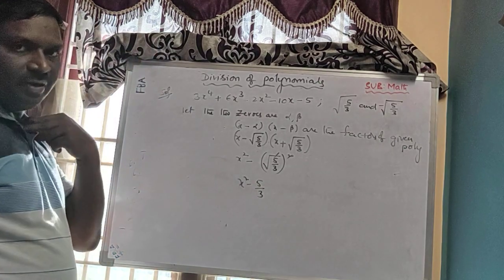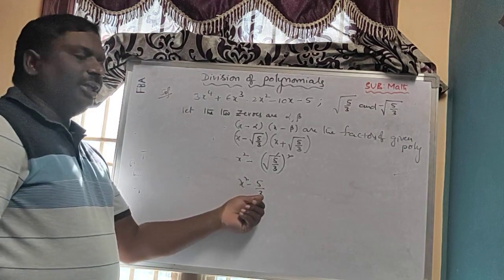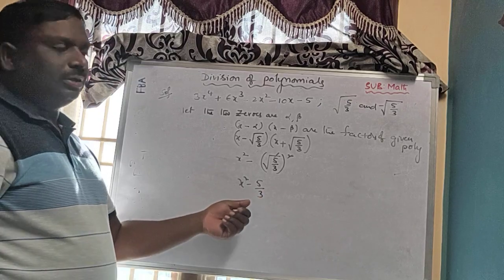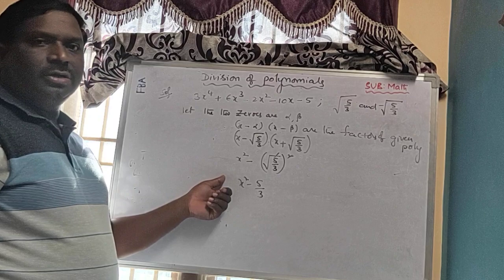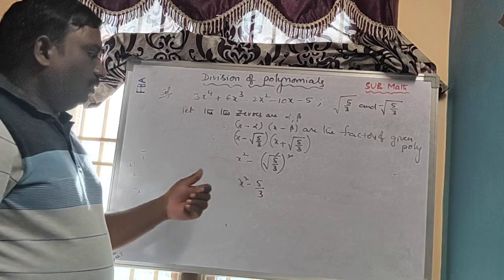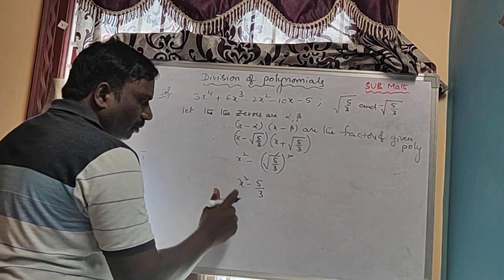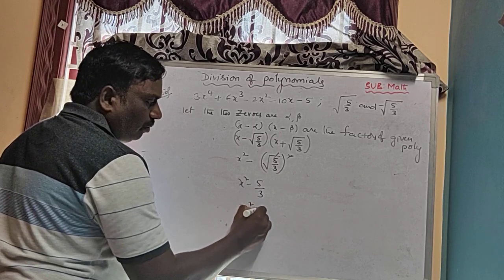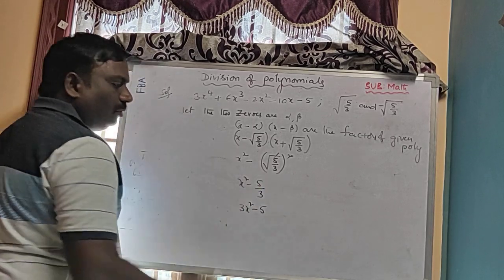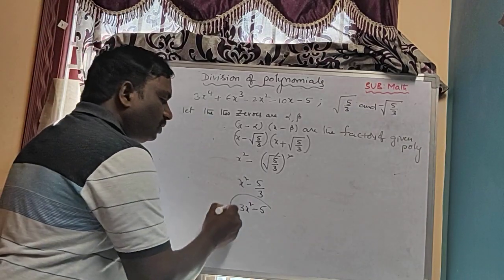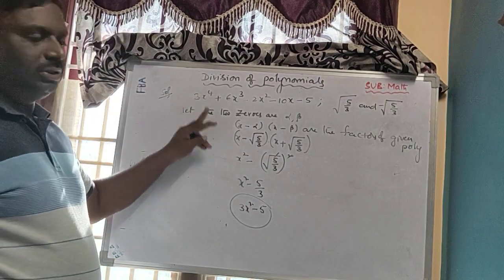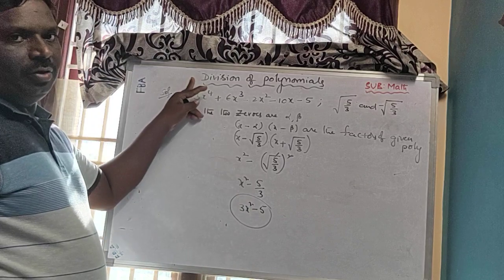Here the denominator should be 0, as I said in the previous session, so we multiply by 3. Then it becomes 3x square minus 5. So this is also a factor of the given polynomial.